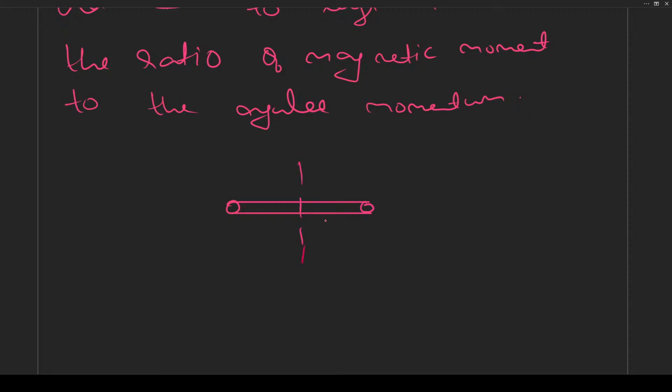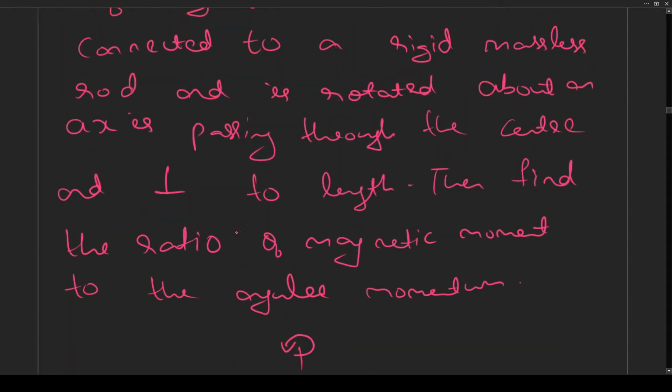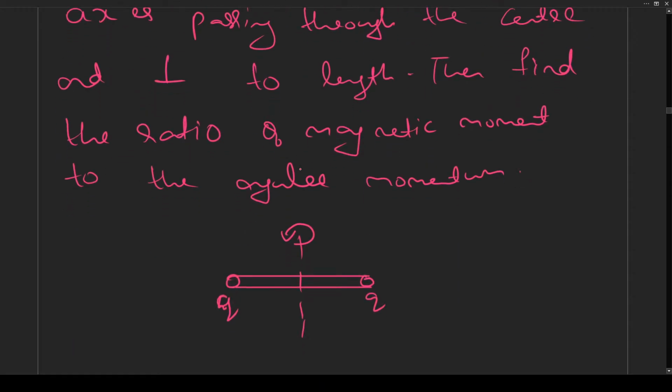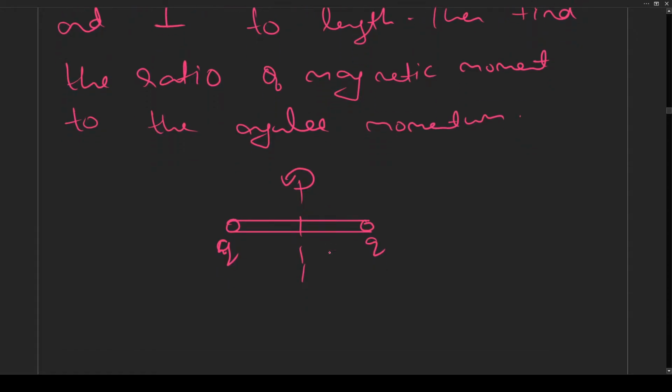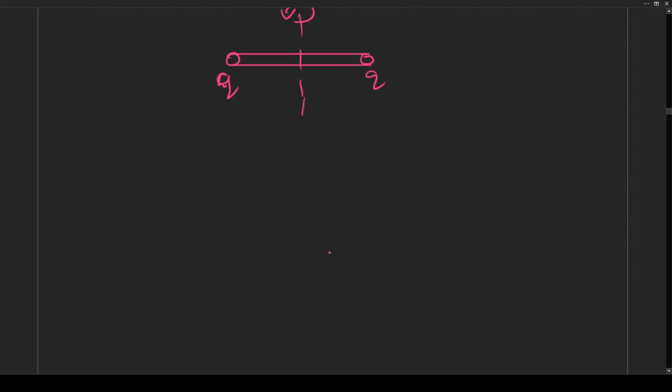This is the axis of rotation, I believe. There is charge q and q here. And perpendicular to length, so it is perpendicular to length here. A ratio of magnetic moment and the angular momentum.